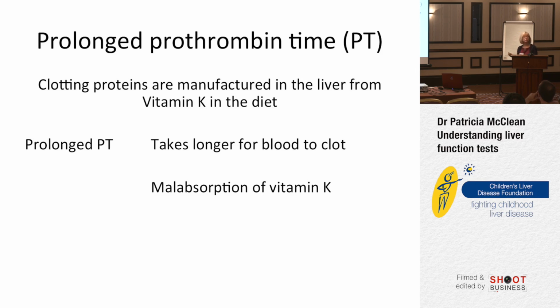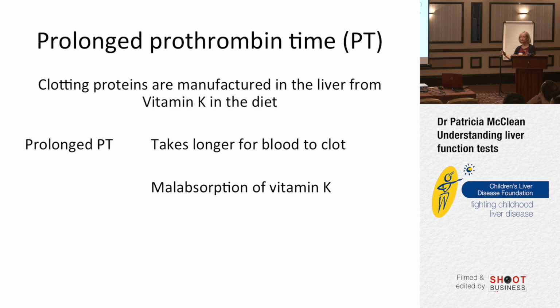So the first thing we do when somebody comes with a prolonged prothrombin time is give them a dose of intravenous vitamin K to bypass all that malabsorption, give the liver vitamin K via the bloodstream, and then we can see, is the problem that it's malabsorption, and so the clotting time will come back to normal within a matter of hours, actually.